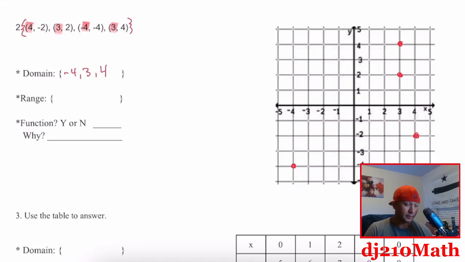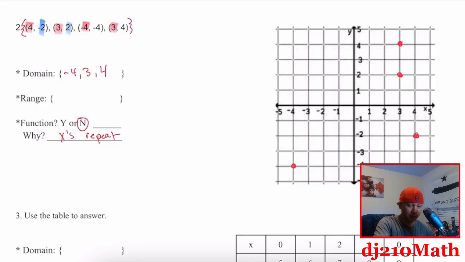Okay. Here, right off the bat, there's 2 3s. The 3s are repeating, right? So right now, I know that this is not a function, right? Because x's repeat. But I'm going to continue and write in the range, right?